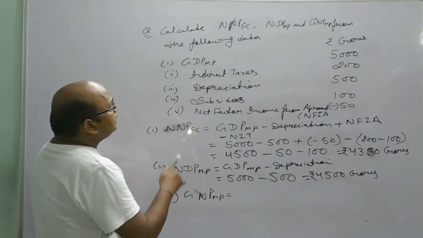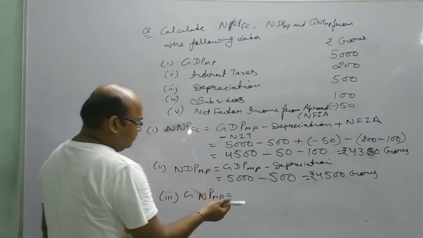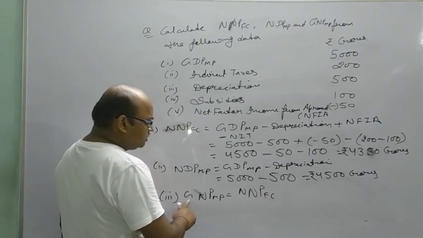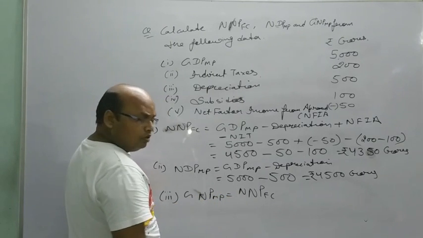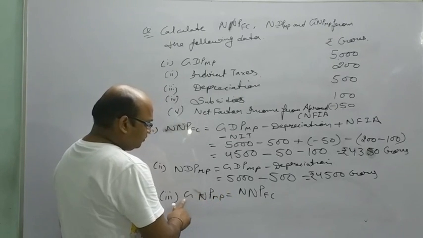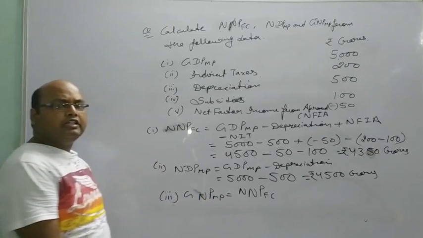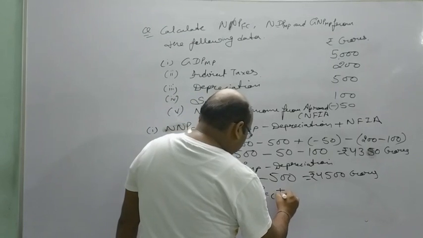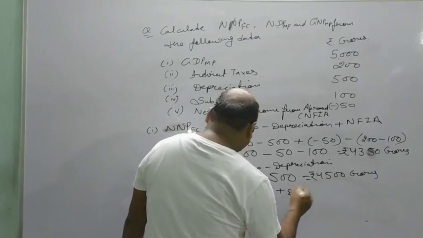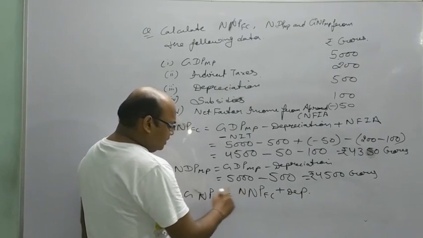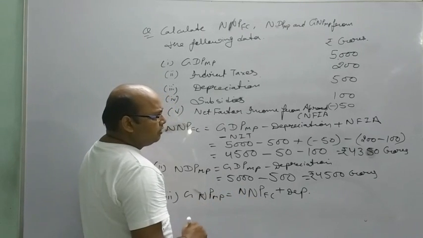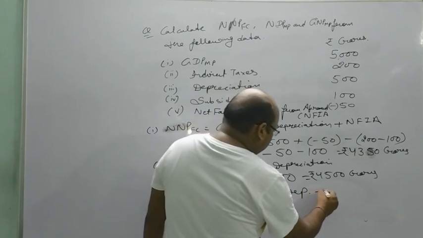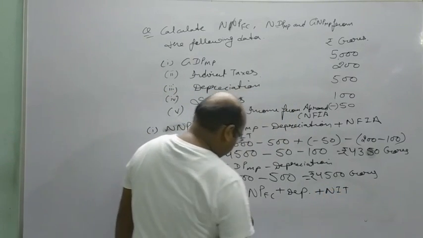Third, GNPMP. We can calculate from NNPFC or GDPMP. Now we calculate from NNPFC. Gross and net have the relation of depreciation: gross is equal to net plus depreciation. National same. Market price is equal to factor cost plus net indirect tax.